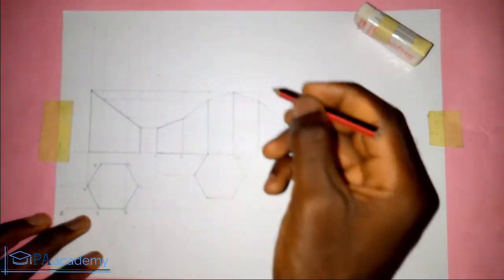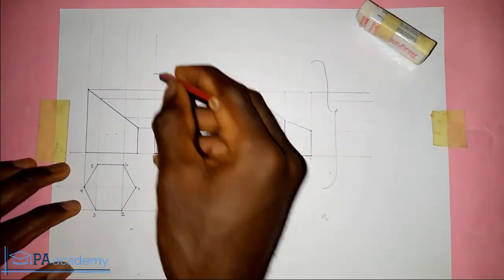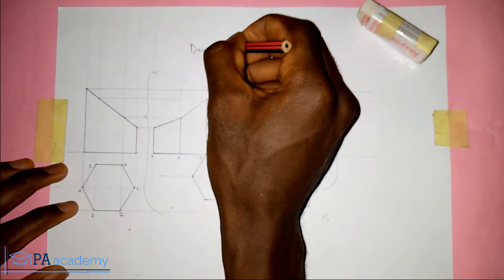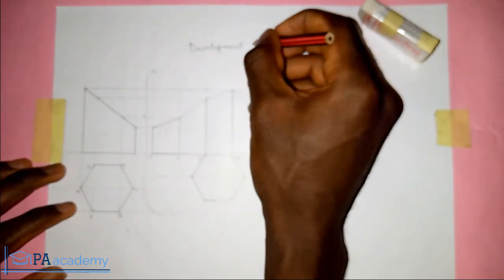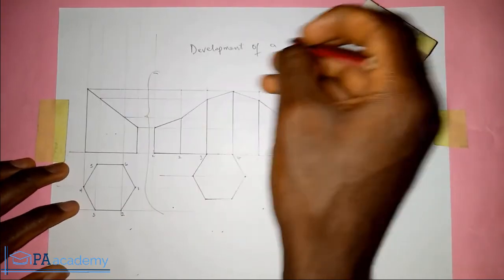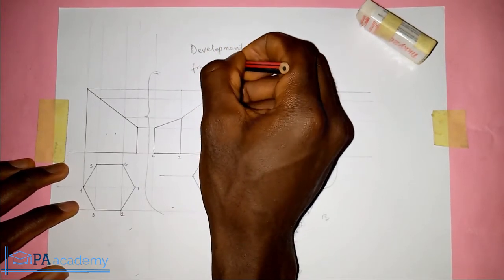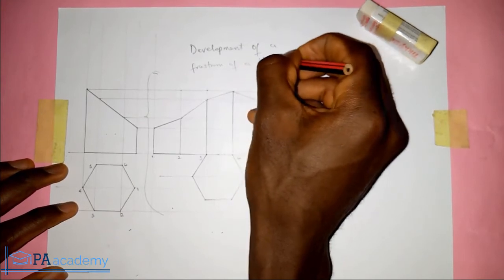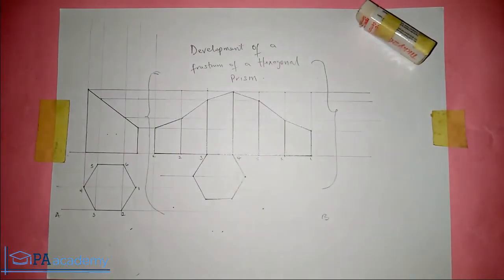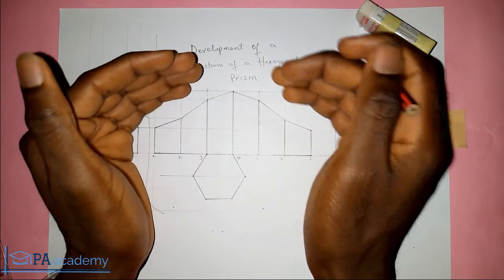So from this point to this point here, this represents the development of a frustum of a hexagonal prism.